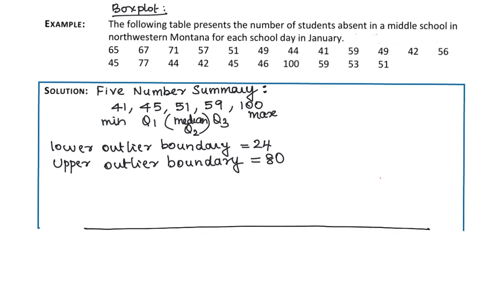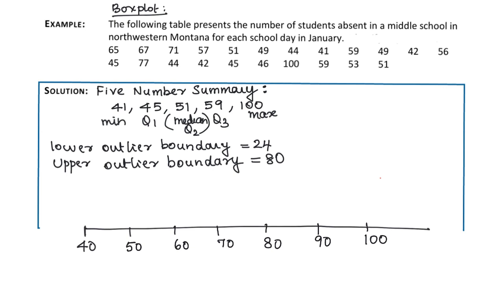First draw a number line. The smallest value is 41, so I am going to start with 40 and, equally spaced, I am going to mark 50, 60, 70, 80, 90 and 100. I do not need more than 100 because our maximum is 100.